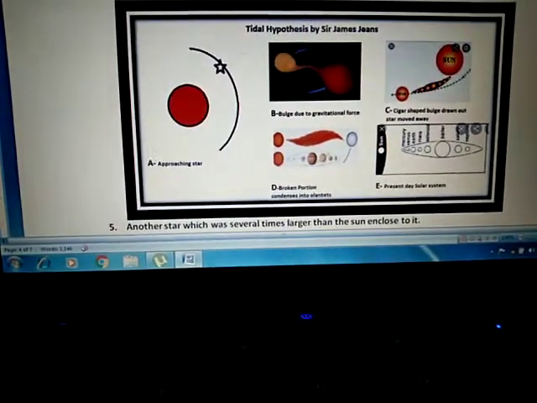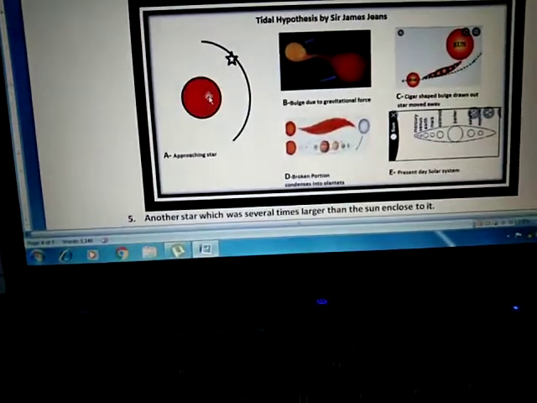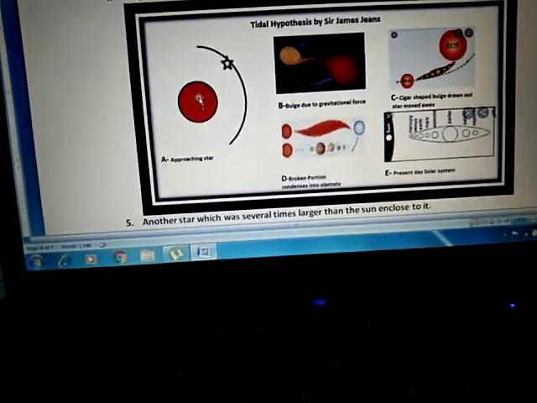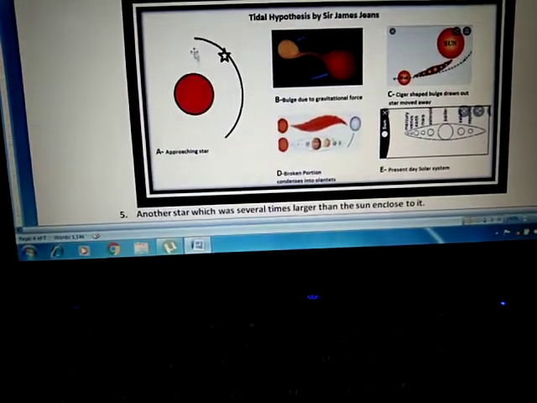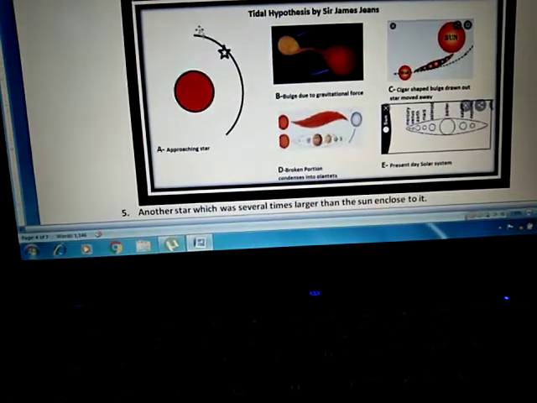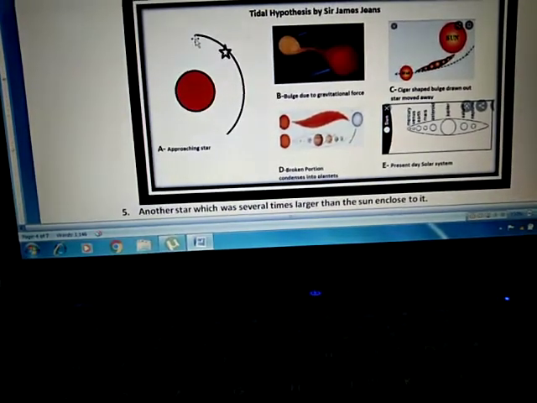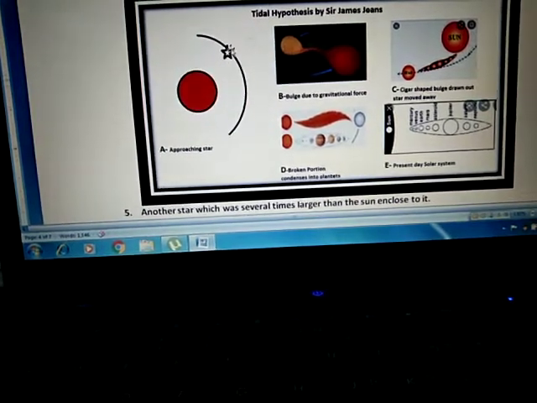Now, how does it work? They said that the sun was very hot and gaseous in its initial stage, and there was also a wandering star which was orbiting, and when it was orbiting, it came close to the sun.